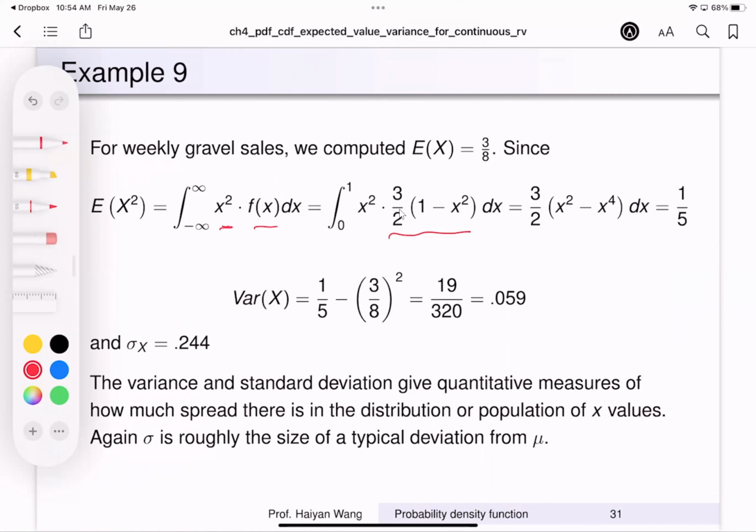Then we use the E of x squared here minus the mean squared, which gives us the variance. Afterward, we take the square root of that, and it will give us the standard deviation. So that's the calculation example. So variance and the standard deviation basically give us some sort of measure of how much the data vary compared to the mean.